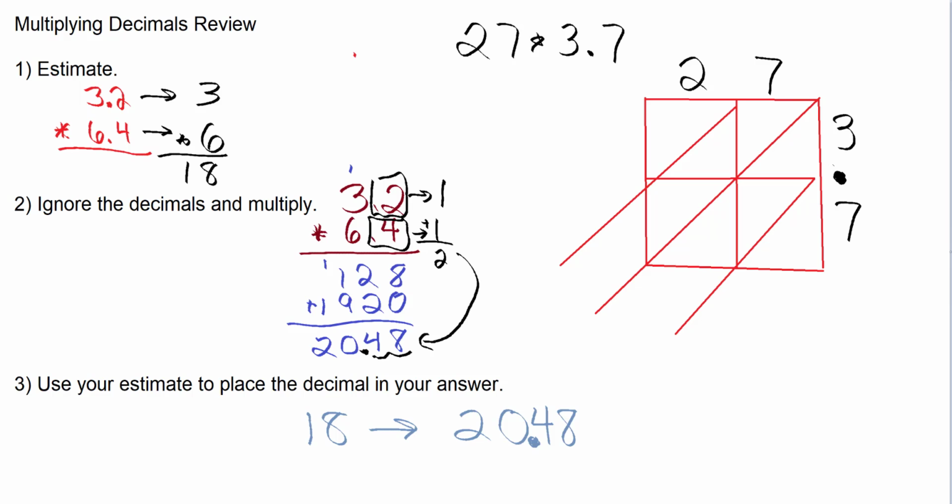But if you actually multiplied this, we get 21, we get 6, 49, 14, and we add 9, 9, 9, and 0. So our answer, we get 999.